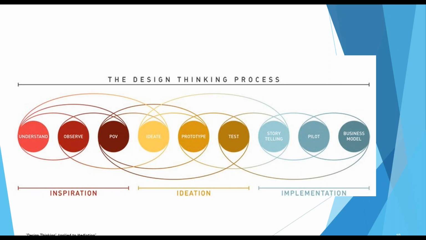Now, the second phase, which is called ideation, is that process of generating ideas. So first, focusing on understanding the end user, and next, focusing on generating ideas to solve the perceived problem or challenge.